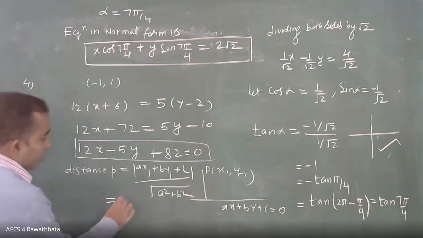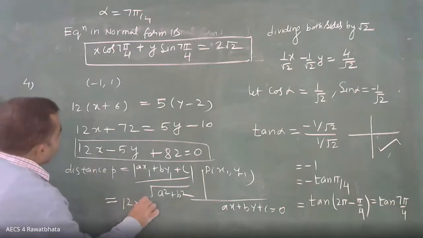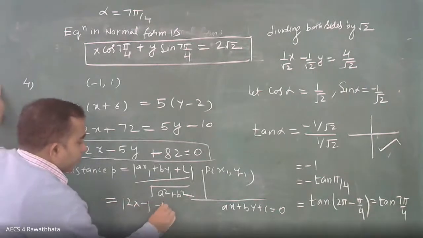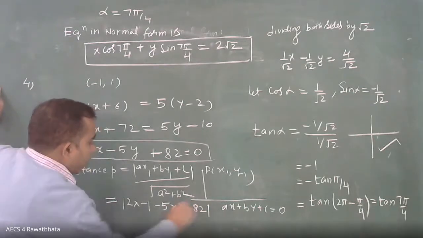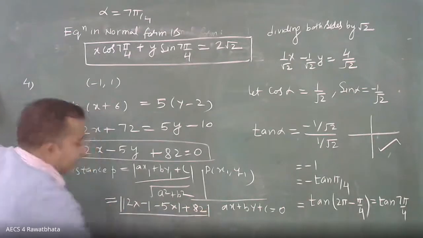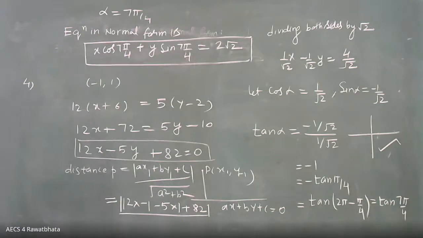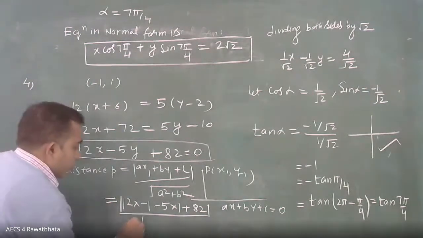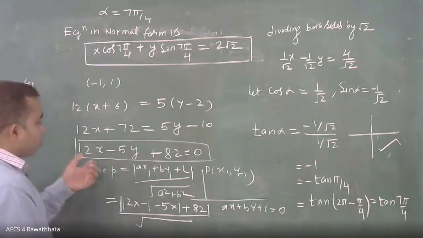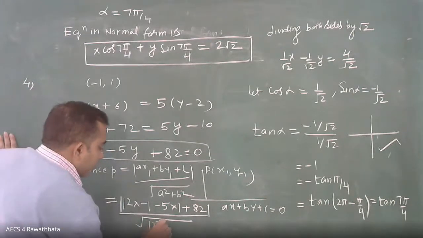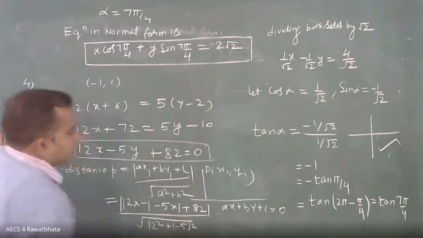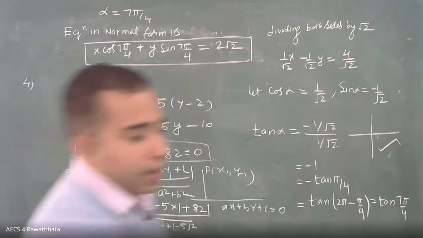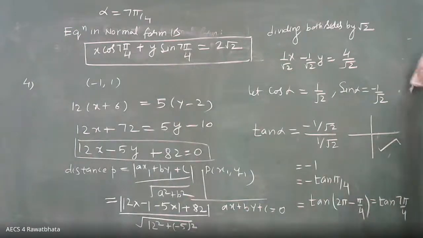So what will come? |12 into minus 1 minus 5 into 1 plus 82| whole magnitude divided by, students, root of 12 square plus minus 5 whole square. Now simplify and get the distance.